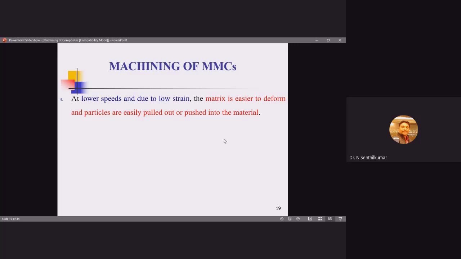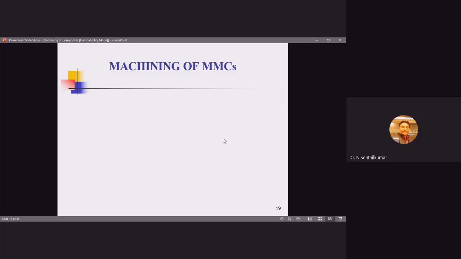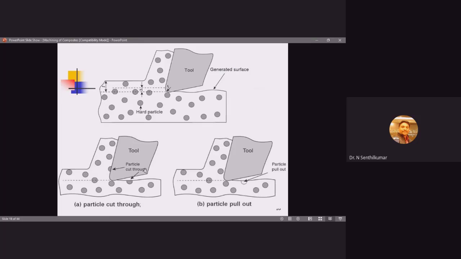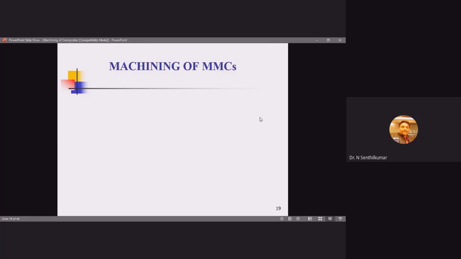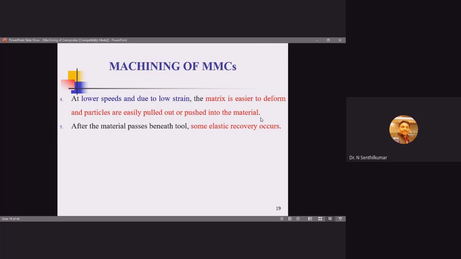So no shearing of particulates takes place like this. The particle will not be sheared. Only at a high strain rate, the particle will be sheared. At low strain rates, it will be pushed inside like this, or it will be pulled out. So that is the case, right?